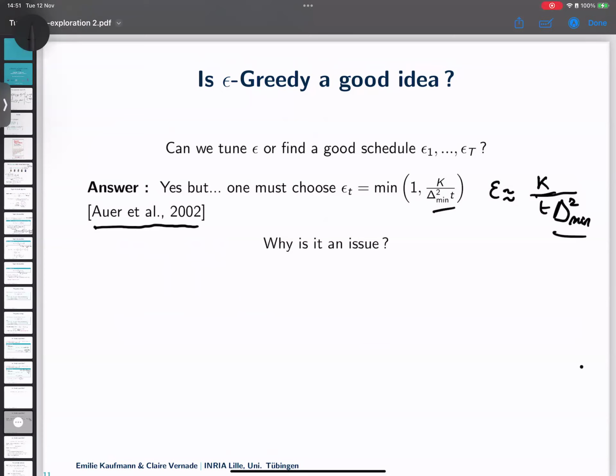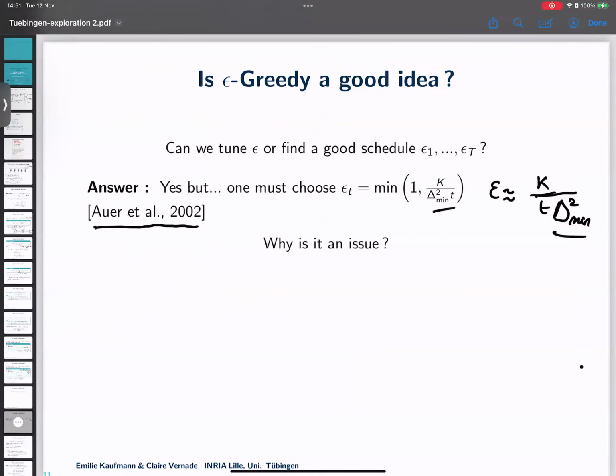So you can play around with epsilon. In practice, I would really encourage you, whenever you play with epsilon greedy, to try and decay it in something of the order of 1 over t. But the true value that you should put in the schedule, you cannot have, because it depends on a problem-dependent quantity that you actually don't know.